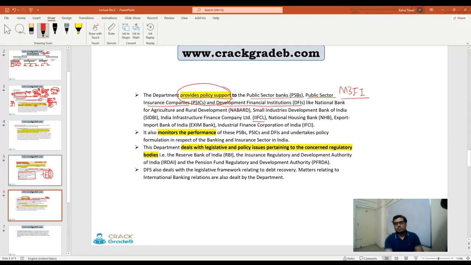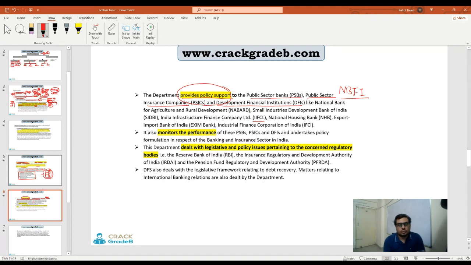They established some working group and asked RBI to also establish a working group and try to find out what the problems are and what the prospective solutions are. So these things were facilitated by the Department of Financial Services.